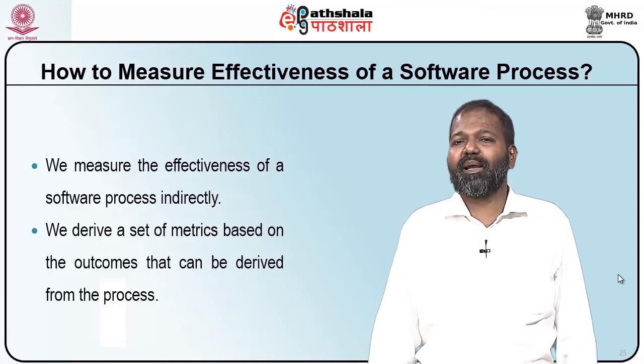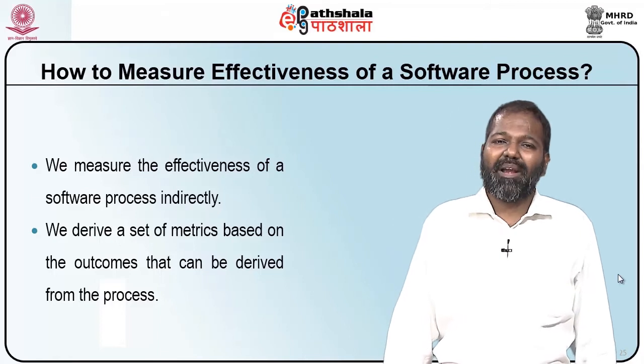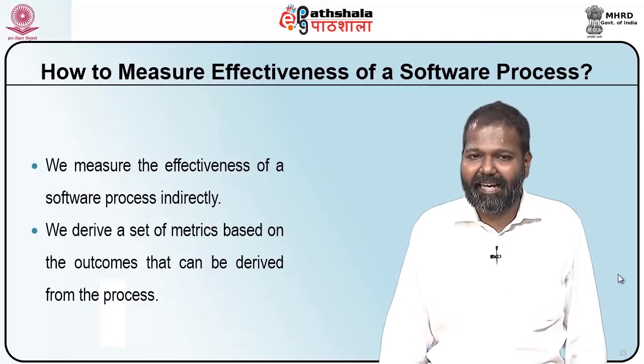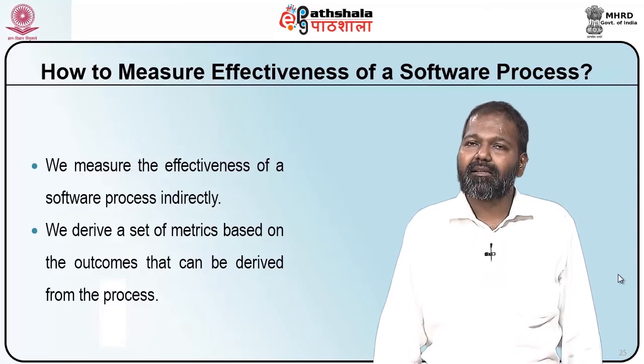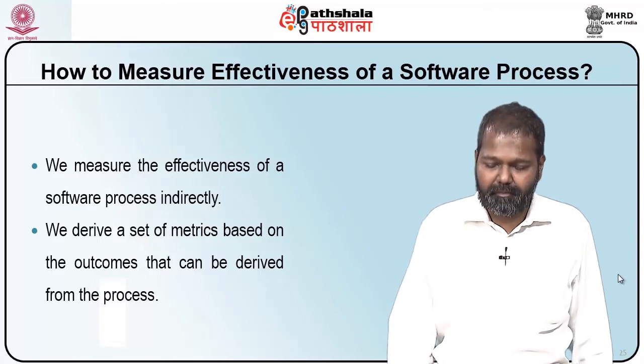How to measure the effectiveness of a software process? We measure the effectiveness of a software process indirectly. We derive a set of metrics based on the outcomes that can be derived from the process.